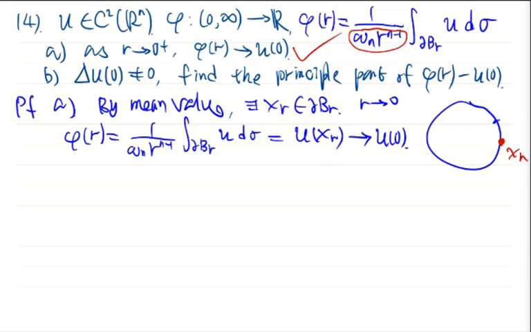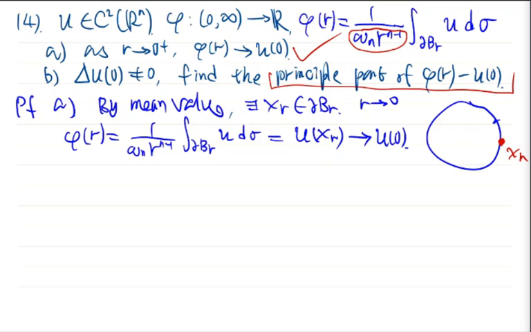The more interesting one is the second conclusion. To study the second problem, because we want to find the principal part of a function, the principal part is the Taylor expansion. Given a small function, the principal part or main part is the first term in the Taylor expansion.